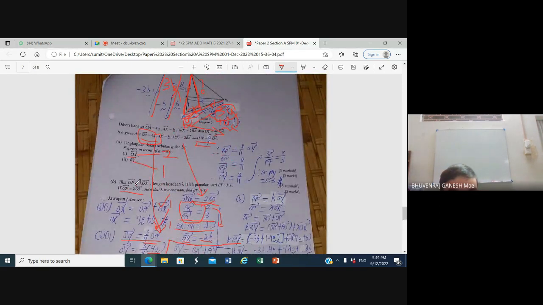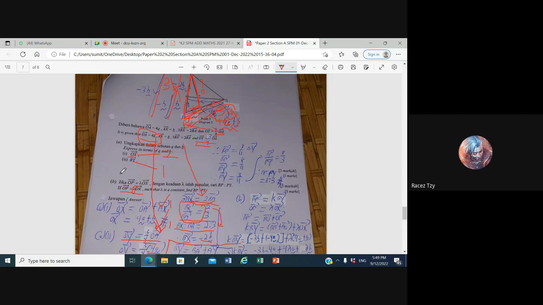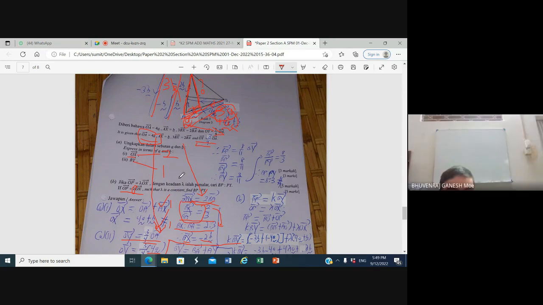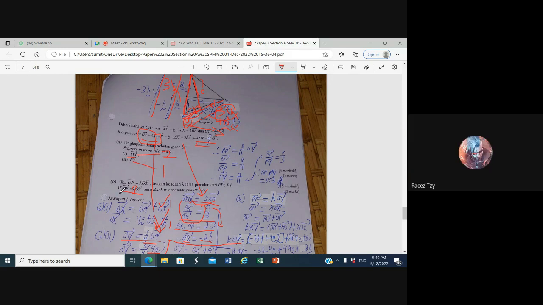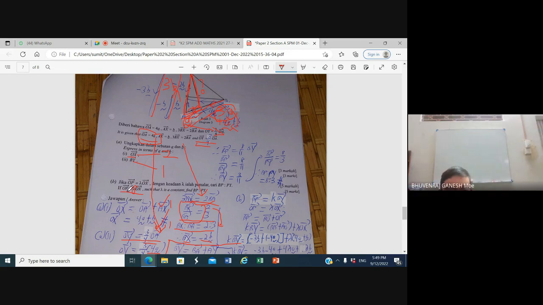And then this is the part. Do you notice this form? What is this form? I told earlier, OP equals lambda OX. K, constant. So what is the keyword for this question? Keyword. What type of vectors is it?